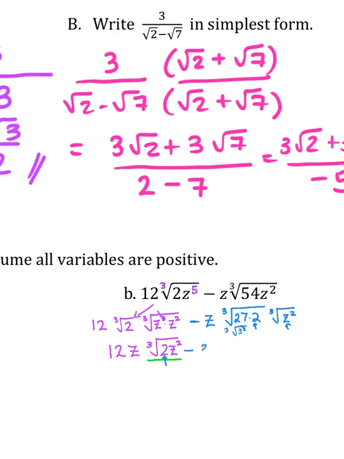So I have minus 3z. That came from here. And then I still have the cubed root of 2z squared, and that came from here. So I do have like radicals, which is what I was looking for, so we just combine our coefficients. 12z minus 3z, I believe, is 9z, times the cubed root of 2z squared.